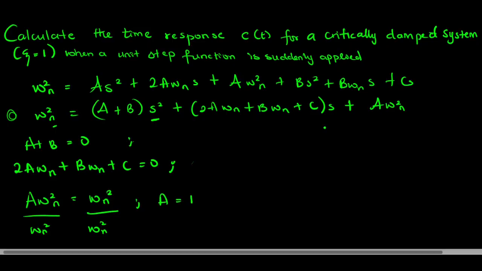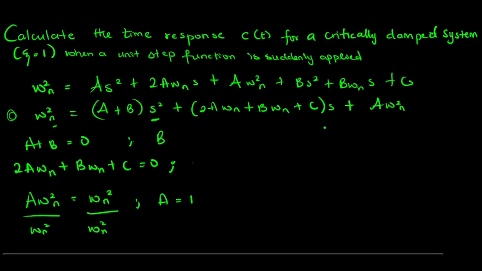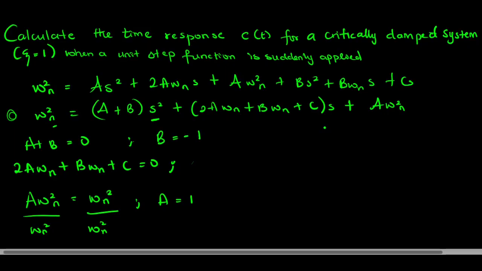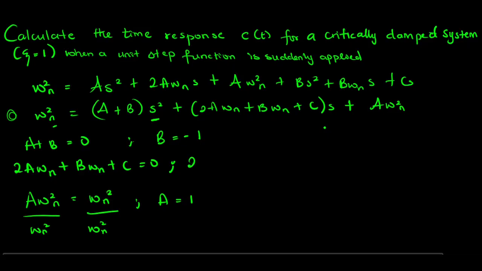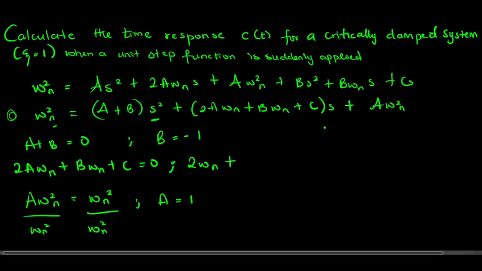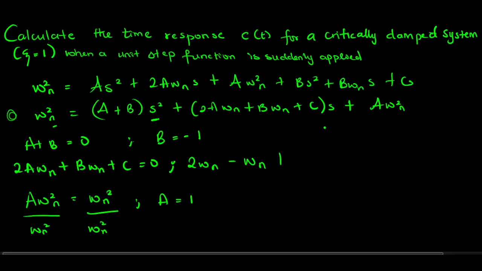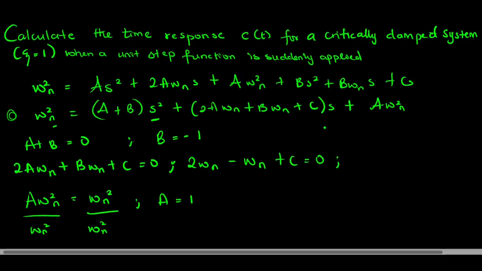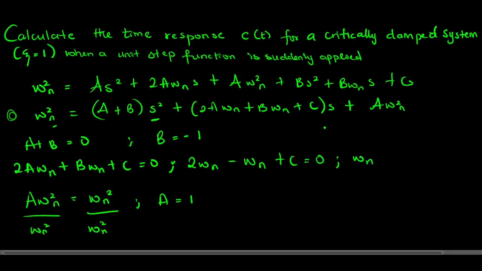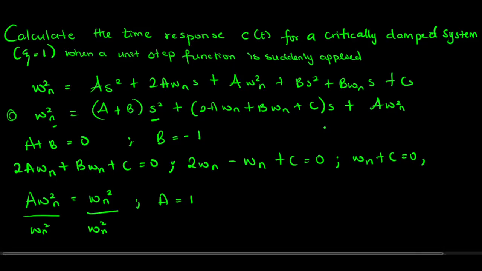And from A being equal to 1, you can tell that B will be equal to negative 1. We substitute in our values here: it is going to be 2 times 1, so that'll be 2ωn plus minus 1 ωn. So we can just erase this, so it's minus ωn + C = 0. This is going to be equal to ωn + C = 0, which means C will be equal to negative ωn.